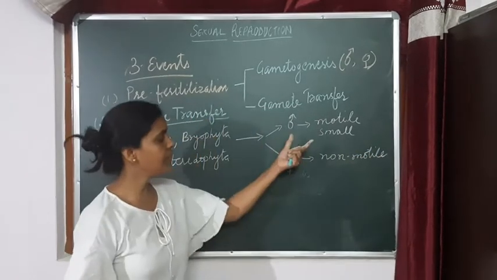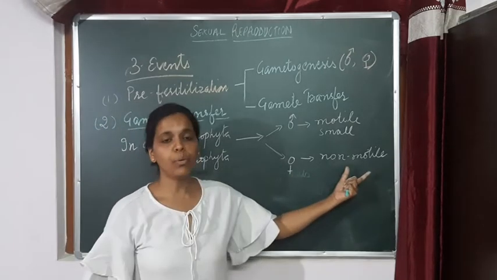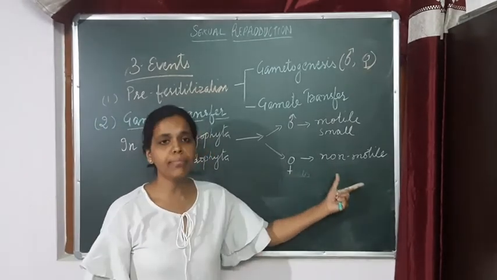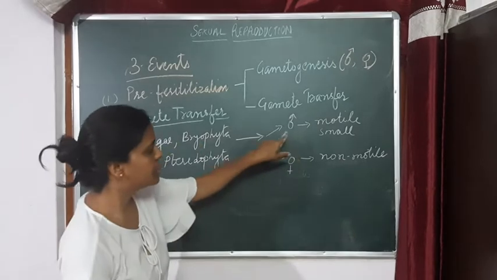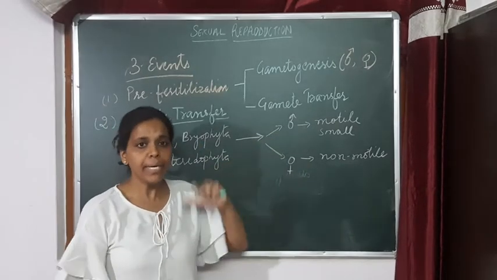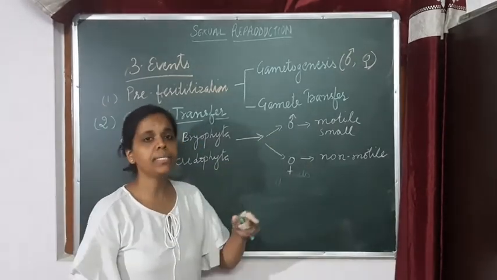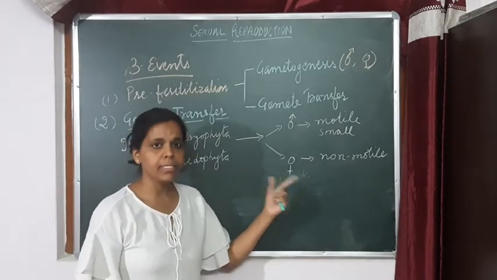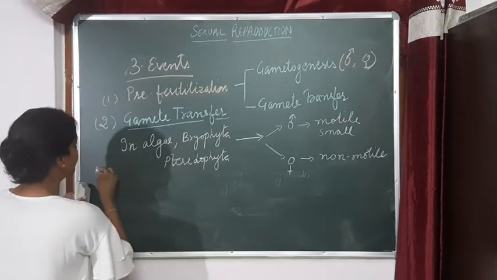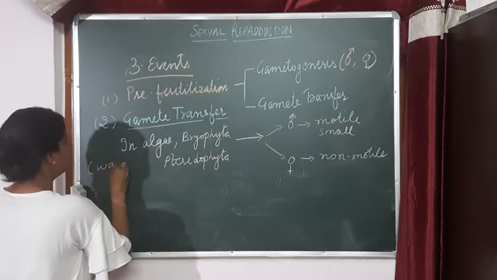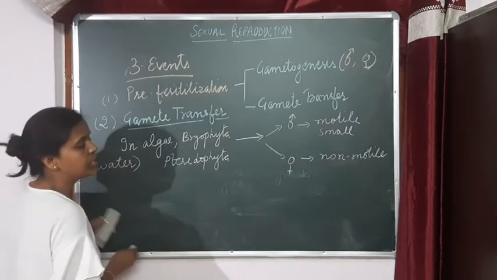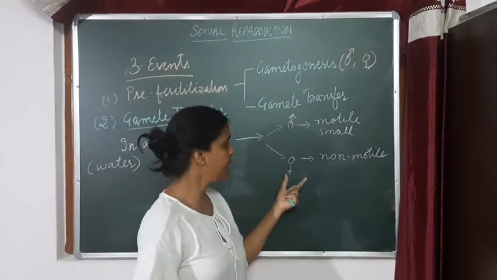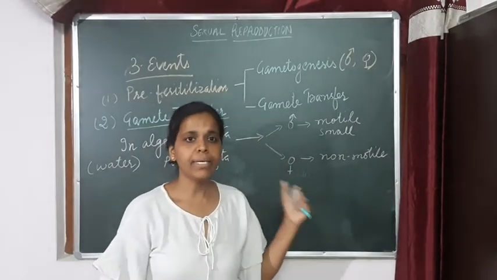So if the female gamete is non-motile, it is not able to move. What is required here is some medium through which the male gamete may travel and reach the female gamete. In algae and bryophyta, water is the medium through which the male gametes are carried over to the female gametes.